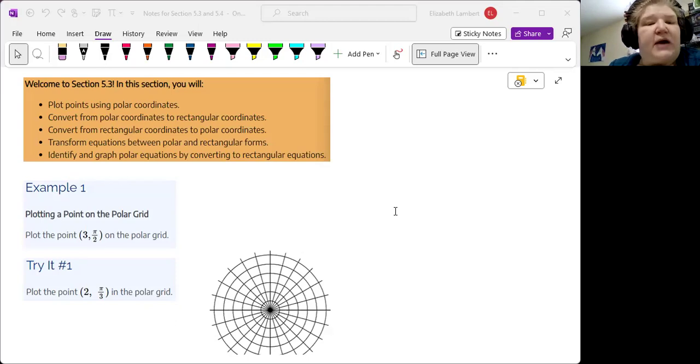So what we're looking at now is section 5.3, which is about polar graphing and polar coordinates. There are some systems where the data you get comes in a way that doesn't work in an XY plane as well. Think of a sonar graph, you know how it has the line that sweeps all around and then there are different pings.